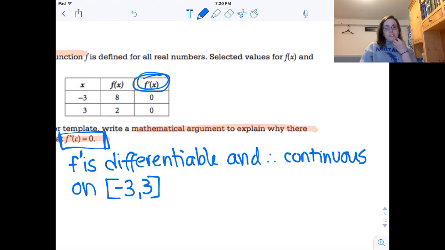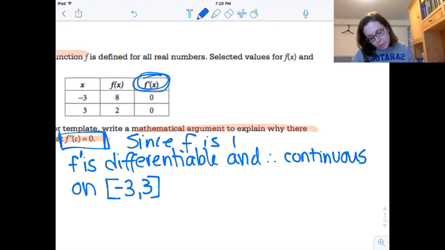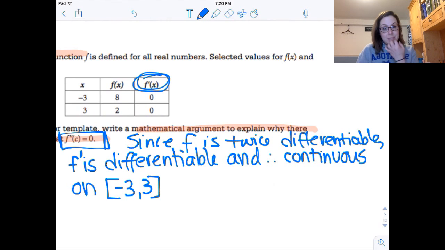Okay, since f is twice differentiable, f is differentiable. And we can add that in. Since f is twice differentiable, f prime is differentiable and therefore continuous on negative 3 to 3.